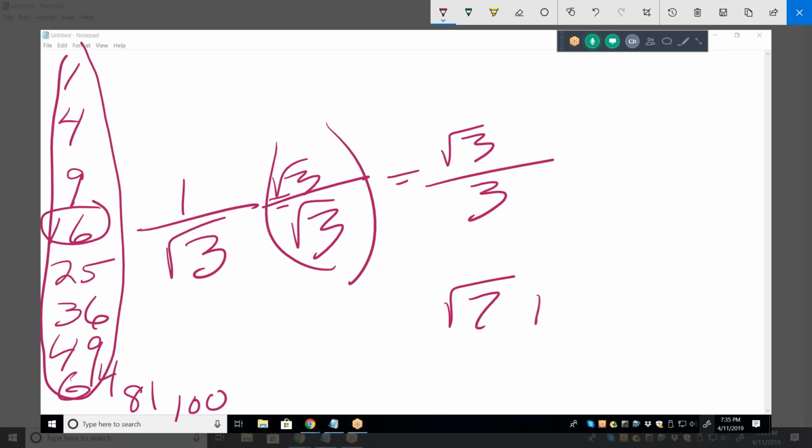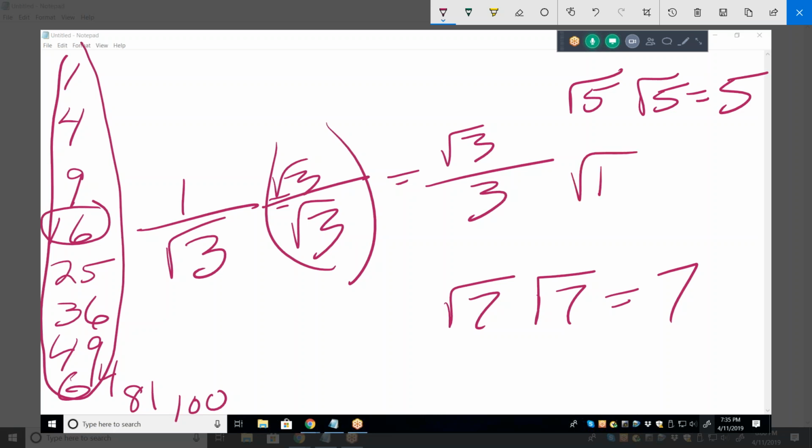What's root 7 times root 7? Oh my god. It would be 7. In other words, root anything times root the same thing is that number. Right. Root 5 times root 5 is what? 5.